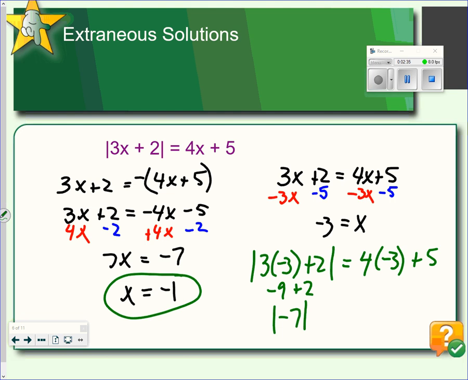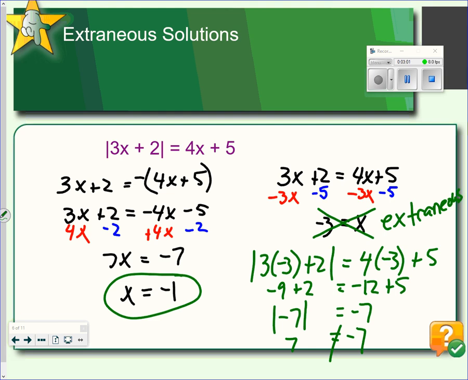Absolute value of negative 7 is positive 7. 4 times negative 3 is negative 12, plus 5 is negative 7, but the right-hand side does not have an absolute value on it, and so we get 7 equals negative 7. That is not true, so this solution is extraneous, and therefore it is not an actual solution, and we have to cross it off. So we get only one solution here, x equals negative 1.